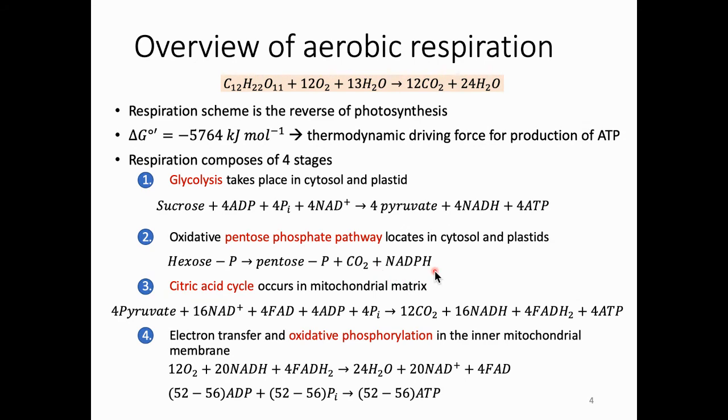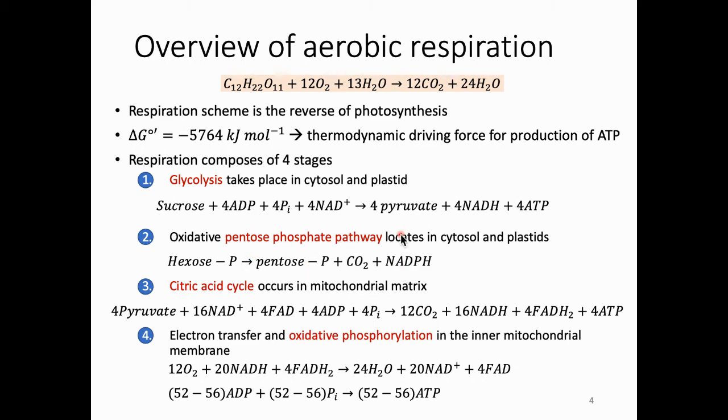If you recall, NADPH is the product of the electron transport chain in photosynthesis as well. So from both glycolysis and the pentose phosphate pathway, you get reducing power in different forms: NADH from glycolysis and NADPH from the oxidative pentose phosphate pathway.